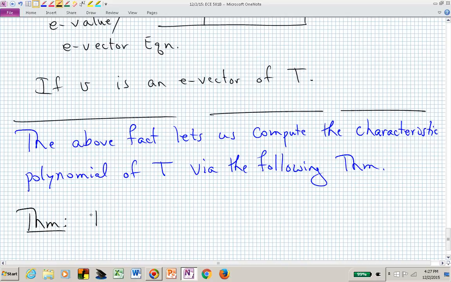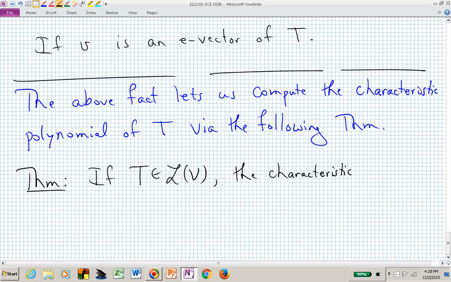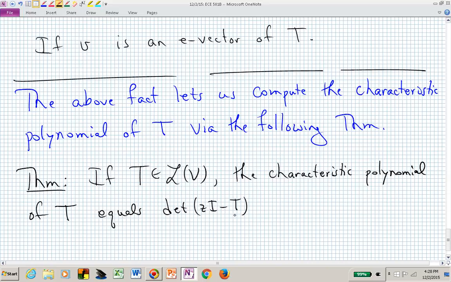The theorem says if we're given a linear operator t on this vector space V, the characteristic polynomial of that linear operator t equals the determinant of zI minus t.